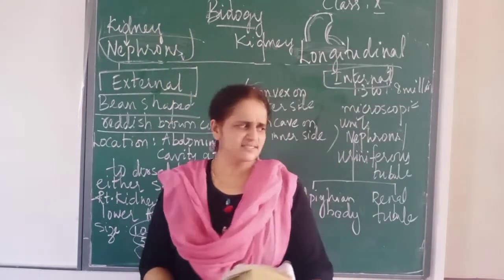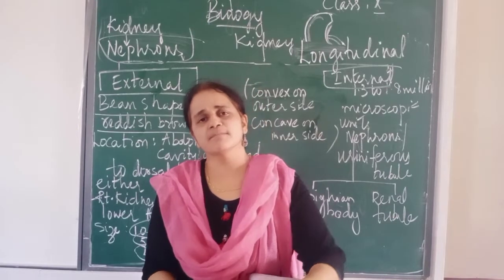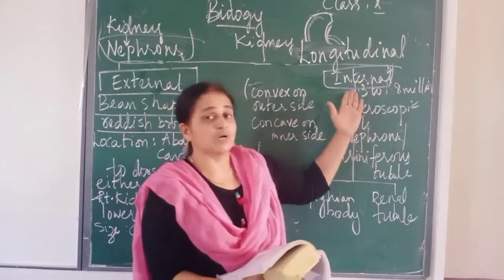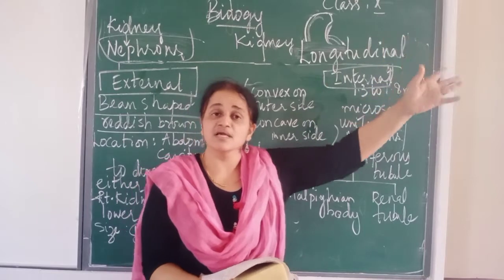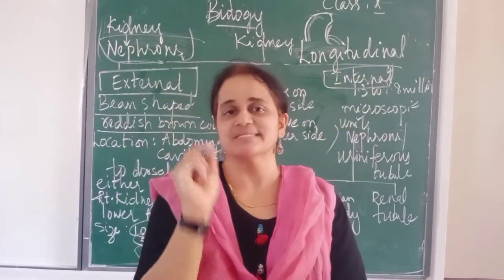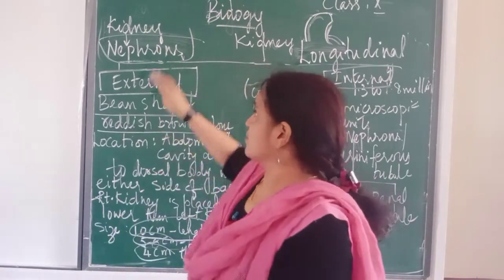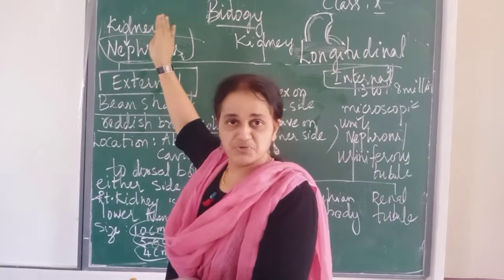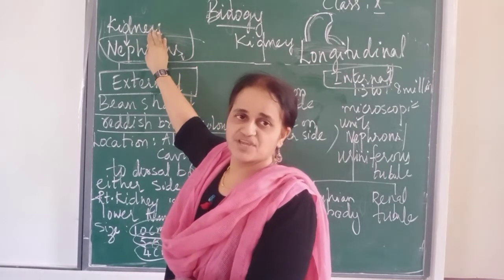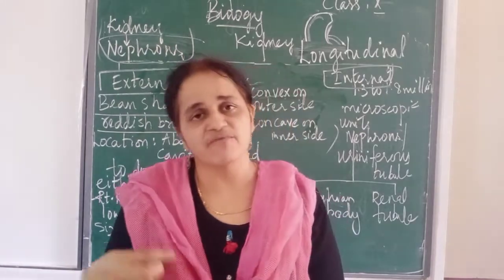That means kidney is a larger structure made up of so many, what is the number? 1.3 to 1.8 million nephrons. And these nephrons are the units which carry out the main function of our kidney, that means purification of the blood so that we can remove the waste from our body.